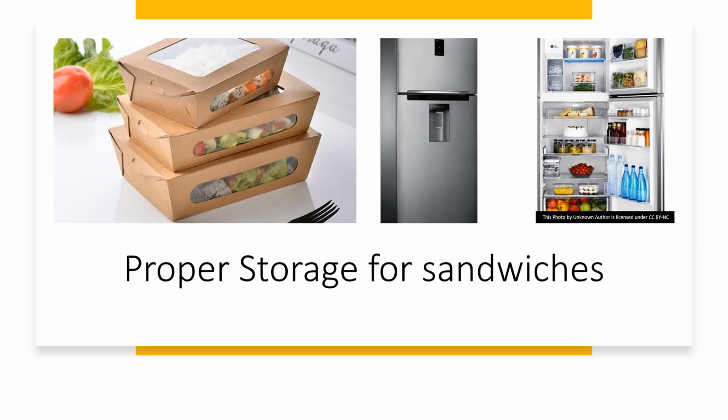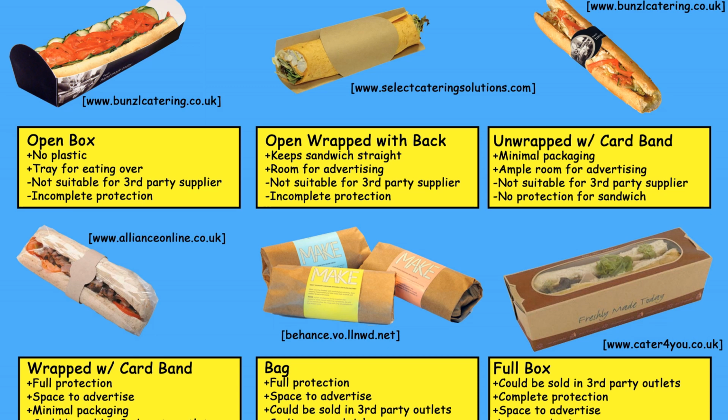Storing sandwiches properly is one of the most important activities after preparation to avoid spoilage. The most important principles for sandwich safety are keeping temperatures cool and avoiding cross-contamination. Storing techniques for sandwiches are the following. One is wrapping.